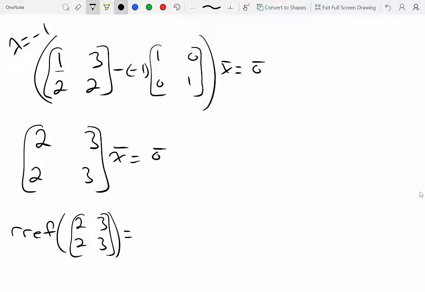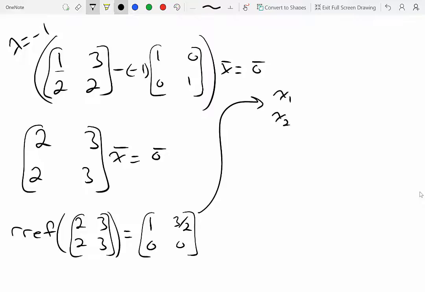If you check, that will be 1, 3 halves, 0, 0, which means that in my solutions x1 and x2, x2 is free and x1 is negative 3 over 2, which means that my solutions are going to be the span of negative 3 over 2, 1.